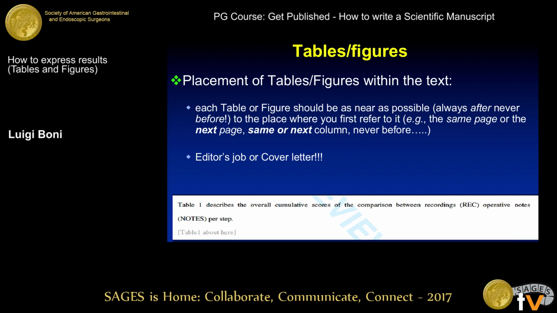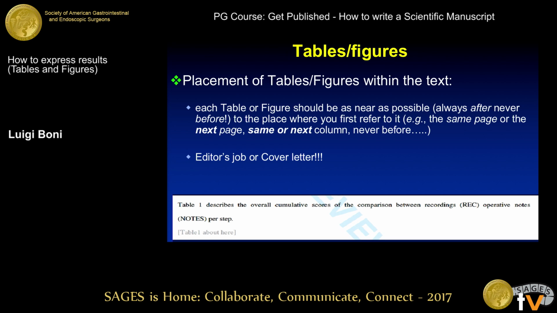Where do you place it? You really have to do it in a proper way. The editor will actually do the job, or if you want to be sure, you can specify in the cover letter that the tables and the figures should be as close as possible to the text they are referring to. So for instance, here you can see the table about here.